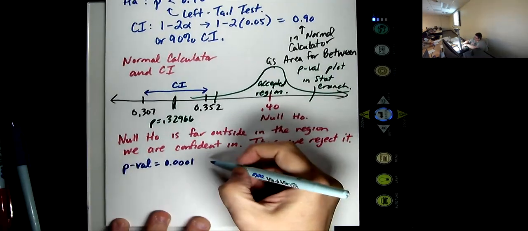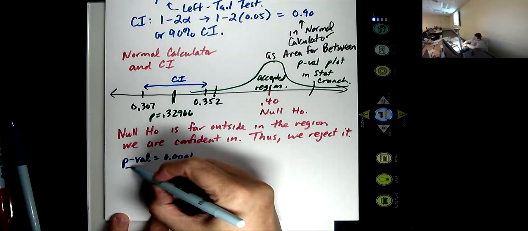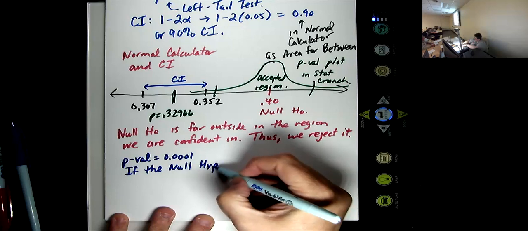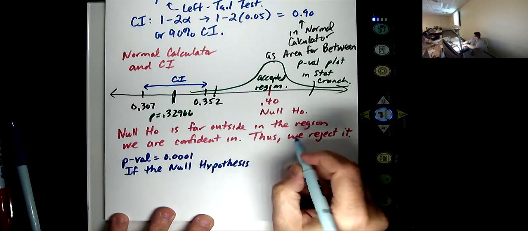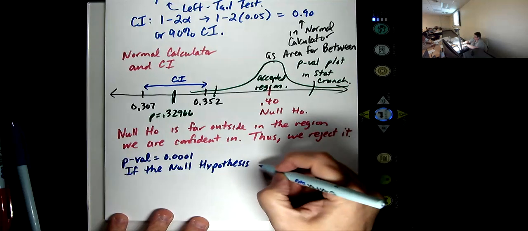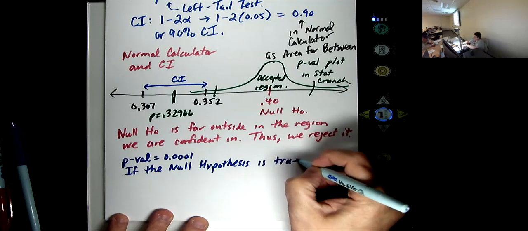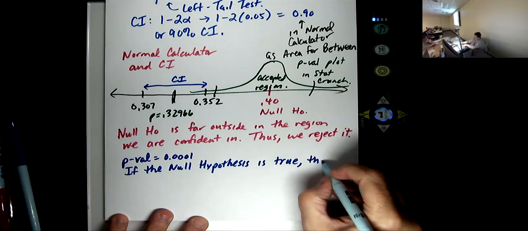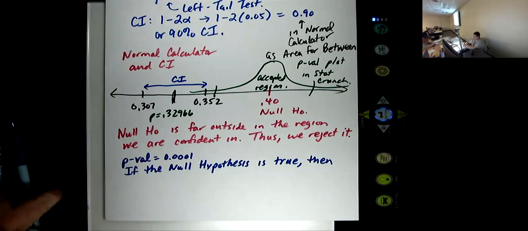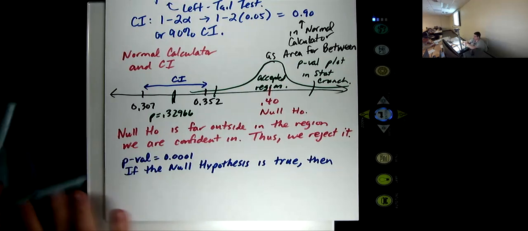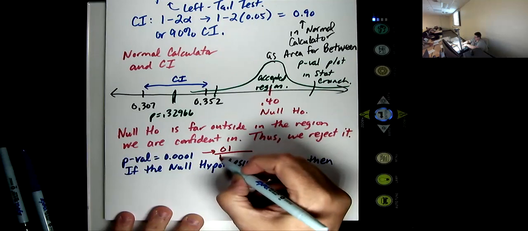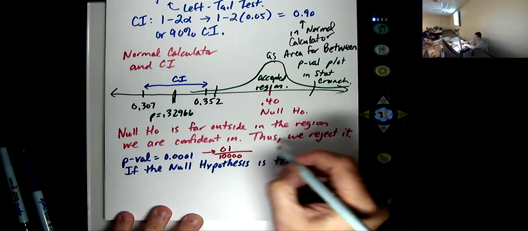What this tells us is, if the null hypothesis is true, because we're rejecting it but we don't know for sure if we're right, then we're going to convert this to a fraction by shifting the decimal place to the right 4 times, and we get 1, and we add 4 zeros on the bottom.